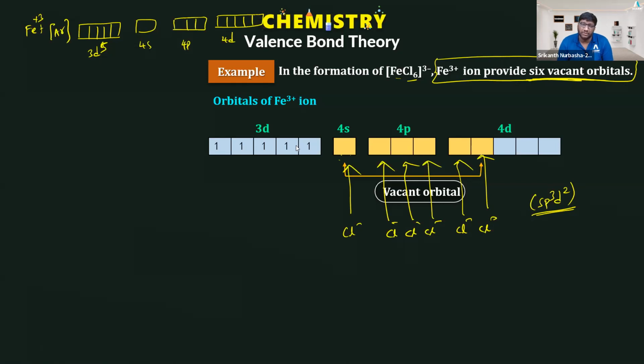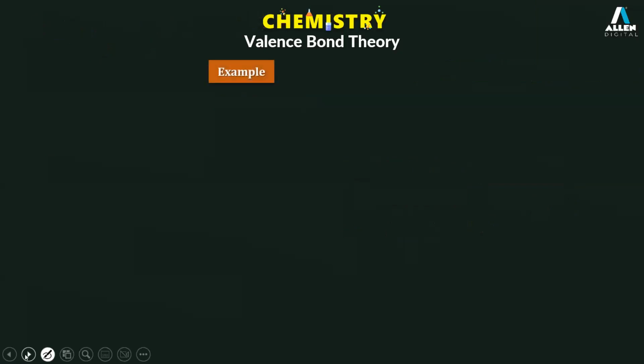Cl minus is a strong field ligand or weak field ligand? Weak. Okay, we are going to decide which ligands are strong field ligands, which ligands are weak field ligands. From that only we can say whether the pairing in the inner d orbitals will happen or will not happen, right?